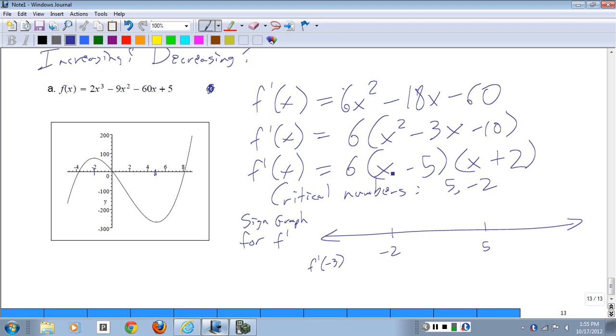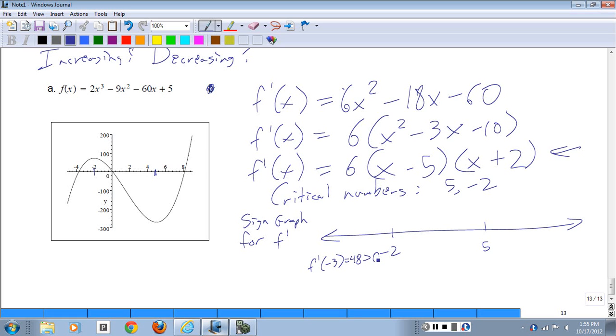If I substitute -3 for x, I'm going to use this factored expression because it looks like the easiest. -3 minus 5 is -8. -3 plus 2 is -1. And -8 times -1 is some positive number. And that positive number times 6 is also a positive number. So that's really all the information we need. Now it's 48, but it's positive 48. That's the important thing.